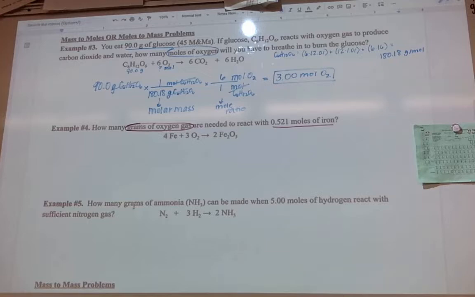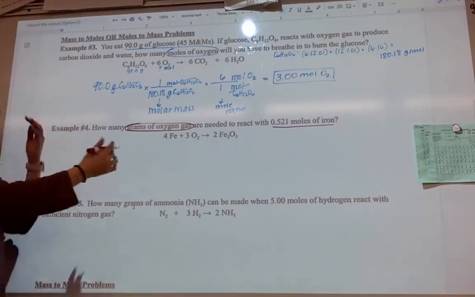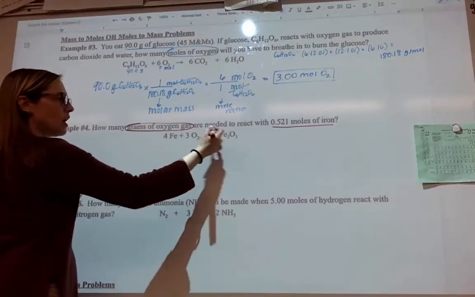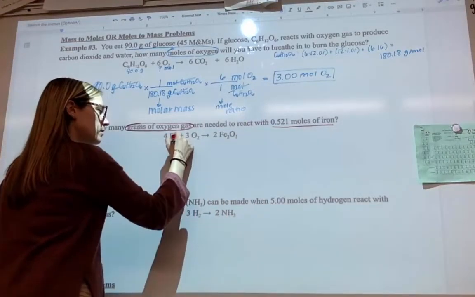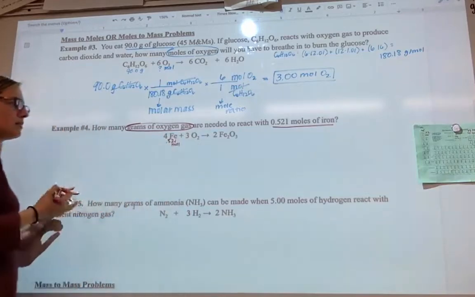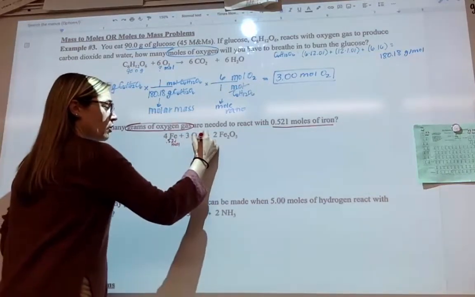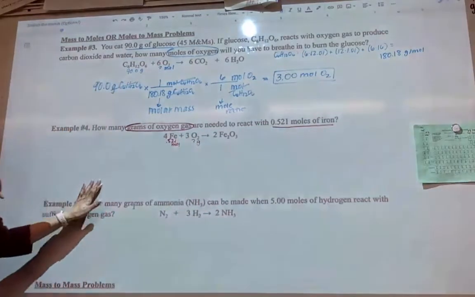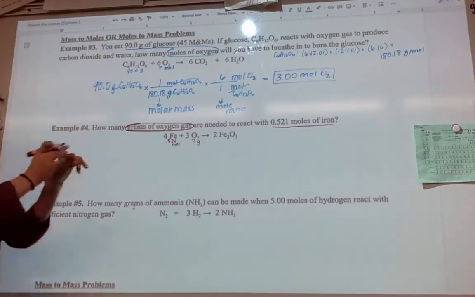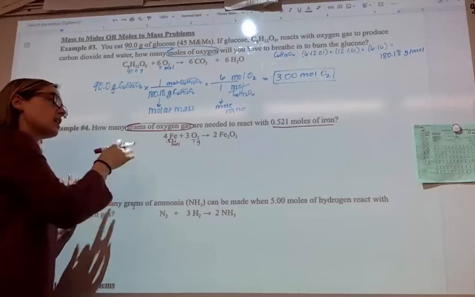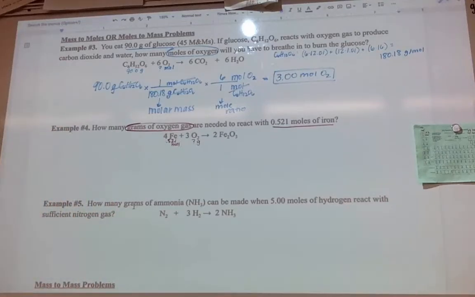I'm underlining what I'm given. I'm going to do the same thing. I'm going to label underneath the balanced equation. So 0.521 moles of iron. And my goal is to get to grams of oxygen gas. It's O2 because oxygen is diatomic. That's why it's O2 there.